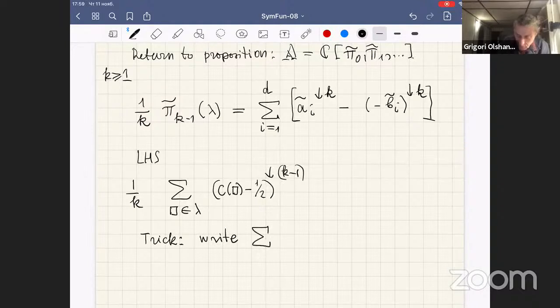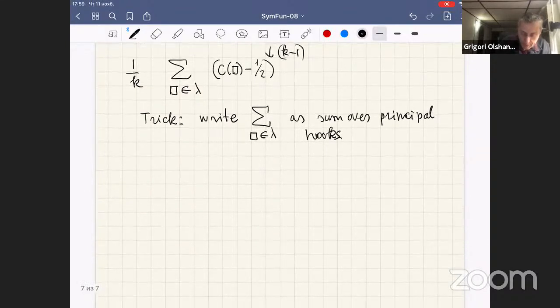Represent the sum as the sum over principal hooks. What does this mean? What are principal hooks?